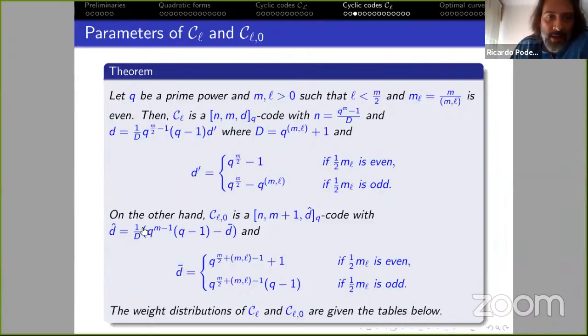On the other hand, the other code has similar parameters. The dimension is one more, and the minimum distance is given in this way, where d bar again has two expressions depending on whether this number is even or odd.